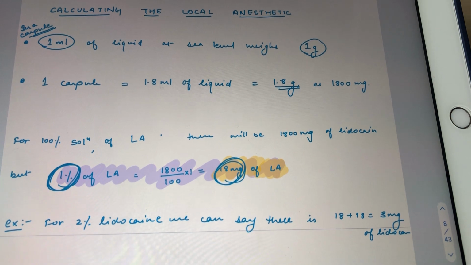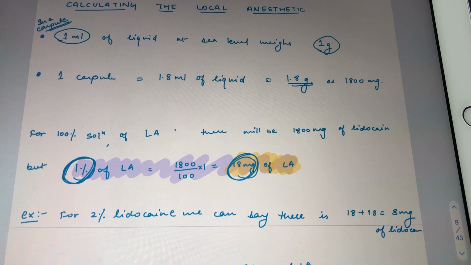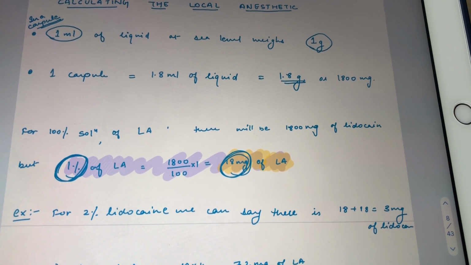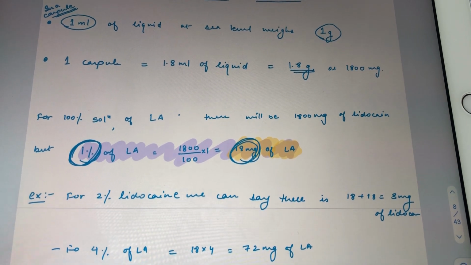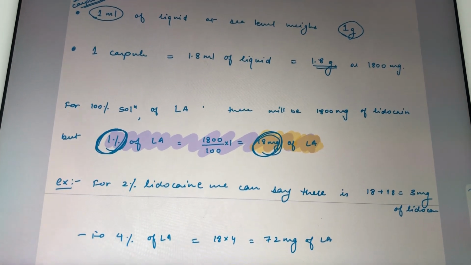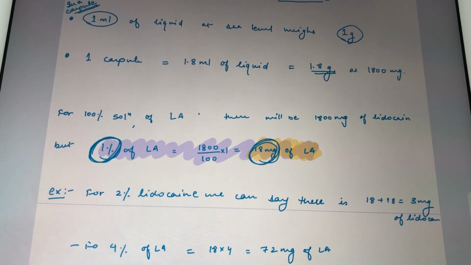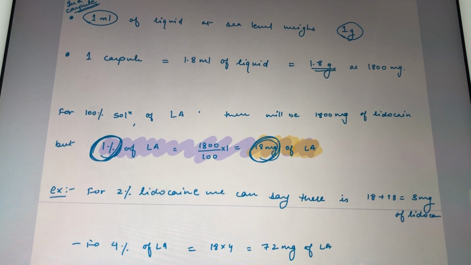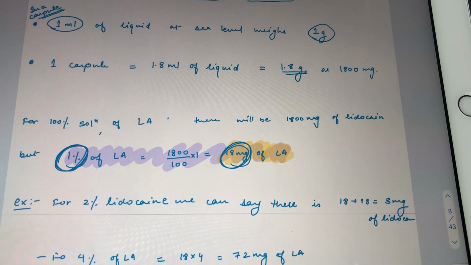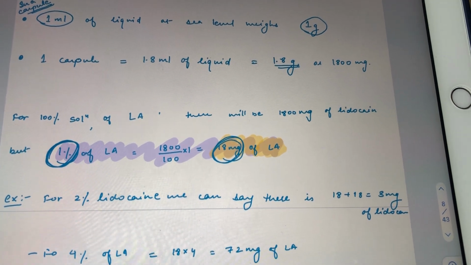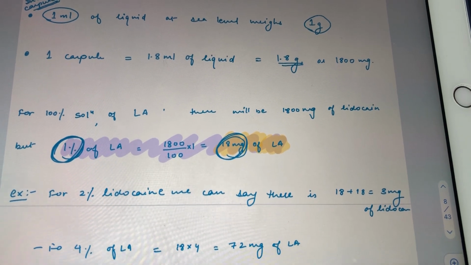For a 100% solution of local anesthetic, there will be 1800 milligram of lidocaine. But if the solution consists of 1% of the local anesthetic, then there will be 1800 divided by 100 into 1, which is 18 milligram of local anesthetic.